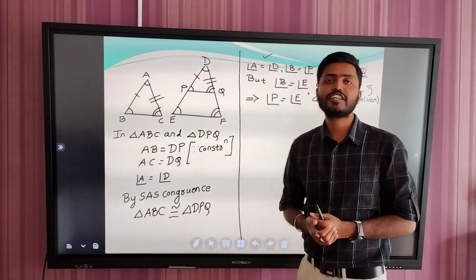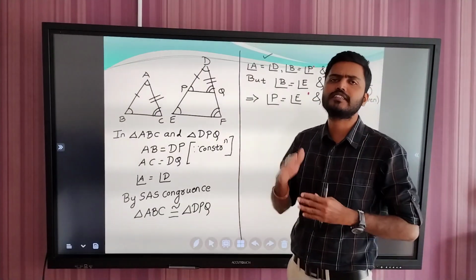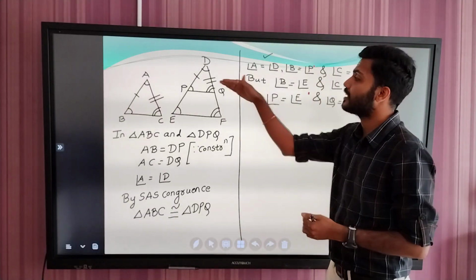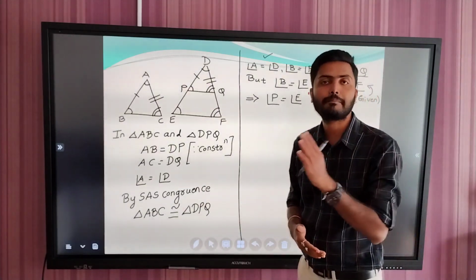If the corresponding angles in a given figure are equal, then I can say that the lines including these corresponding angles will be parallel.